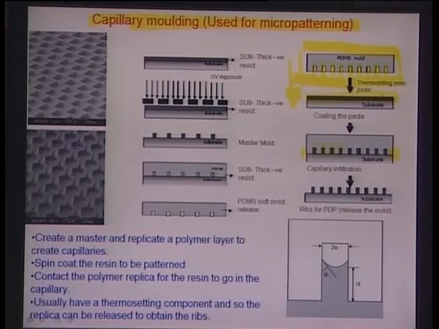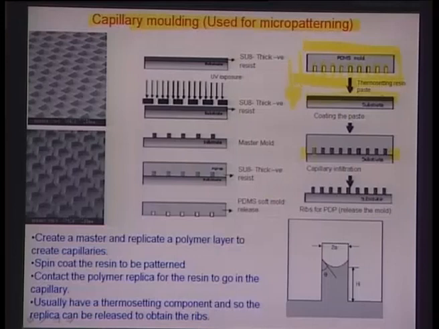And then you peel off the PDMS and treat the surface of the PDMS with some pre-processing in a manner that it leaves intact the resin material filled in these micro capillaries, and this is what micro capillary molding is. It is a very good patterning technique which can be used to coat polymeric pixels on the top of a substrate.